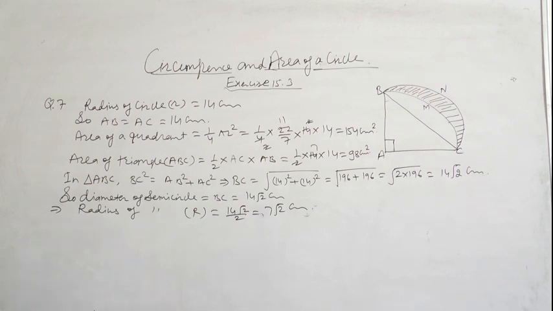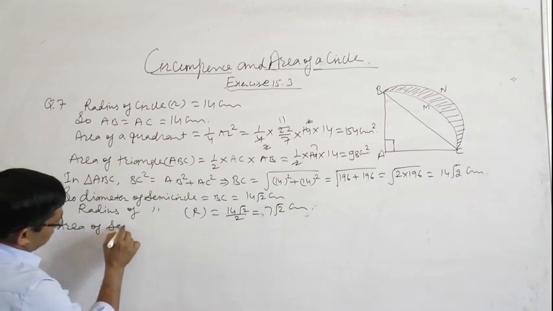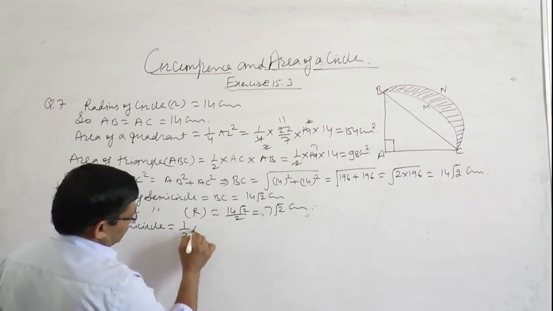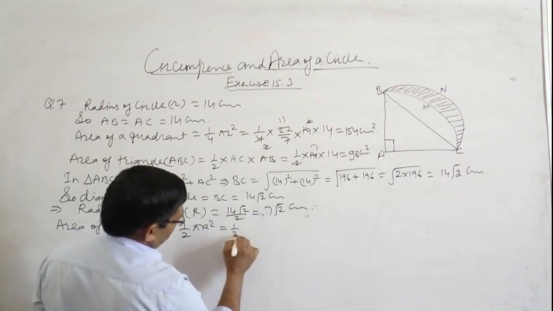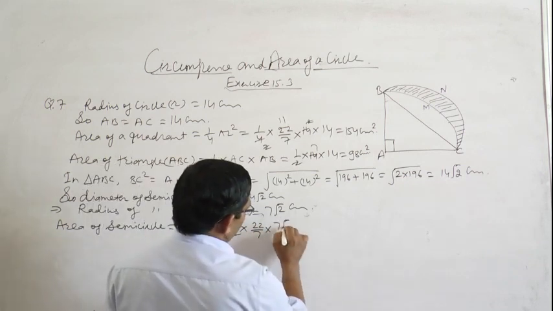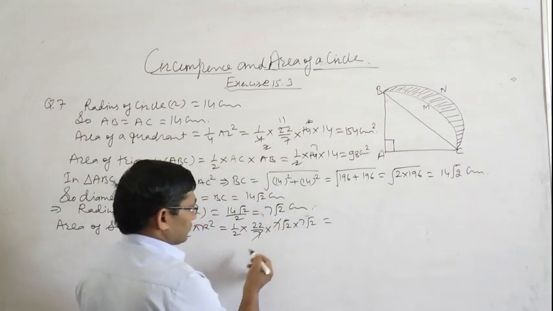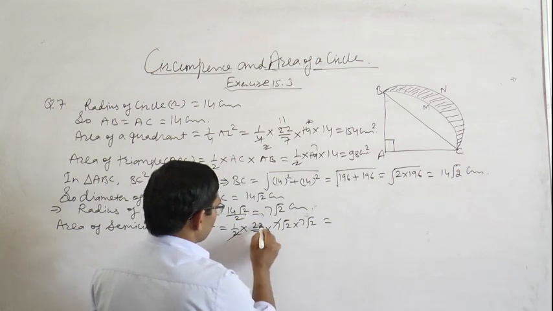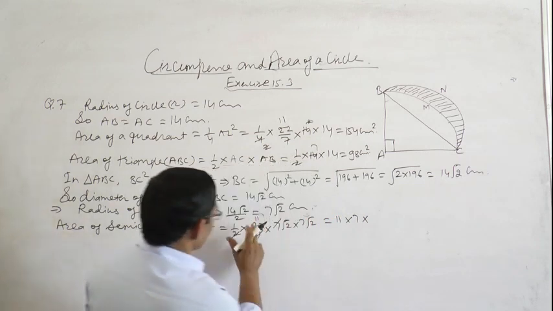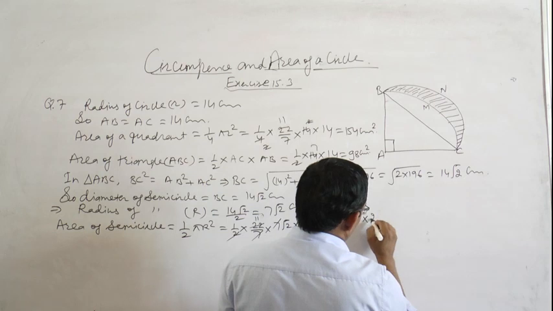Now we want to find out the area of the semicircle. Area of a semicircle is 1 upon 2 pi r square, which is 1 upon 2 into 22 upon 7 into 7 square root 2 multiply 7 square root 2. 7 cancelled by 7, 2 into 11 is 22, so it is 11 multiply 7 multiply square root 2 multiply square root 2, that is 2.